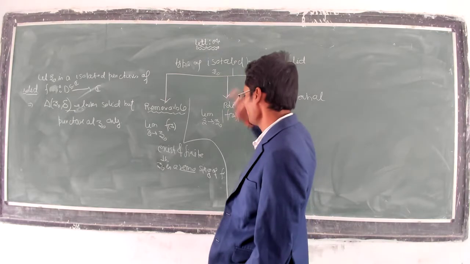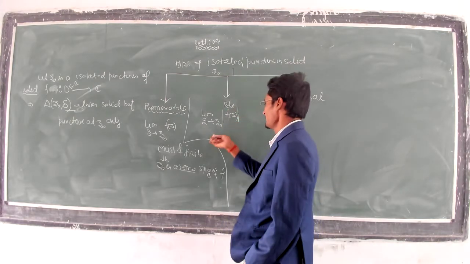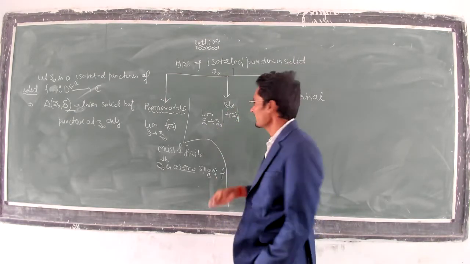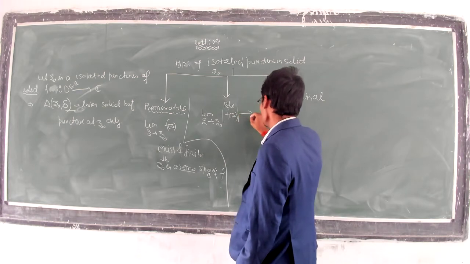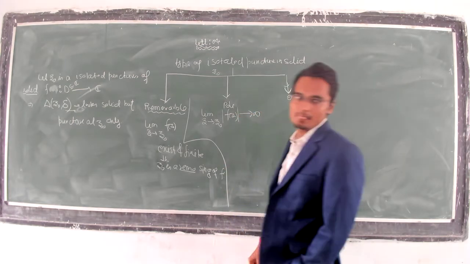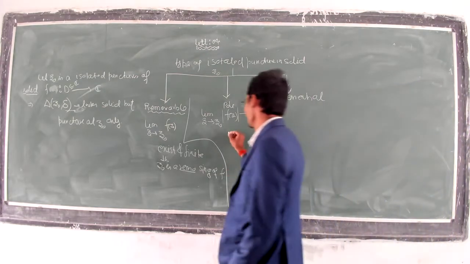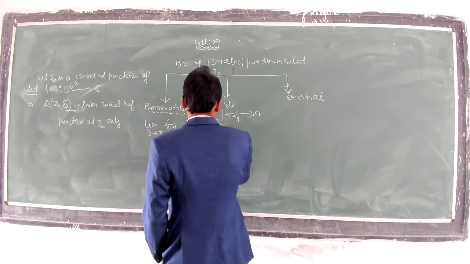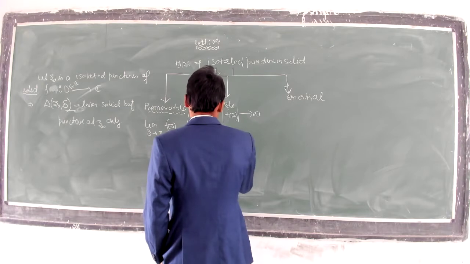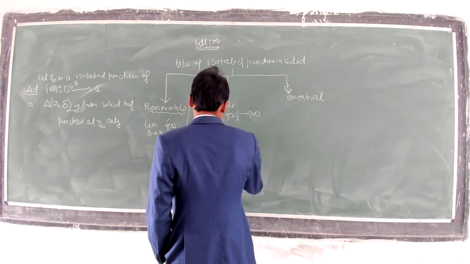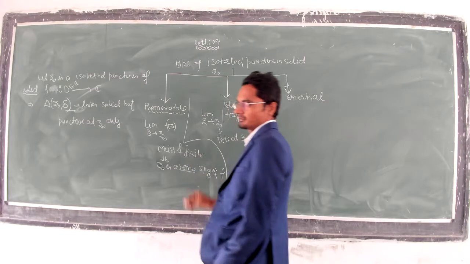So these are the concepts that you have to learn from there, not from this one. So Z tending to Z naught, if your function goes to infinity, right? Then this Z naught is known as the pole at Z naught, right?